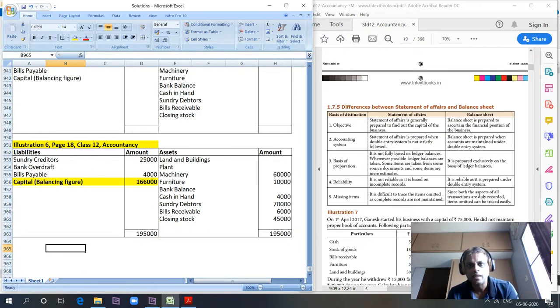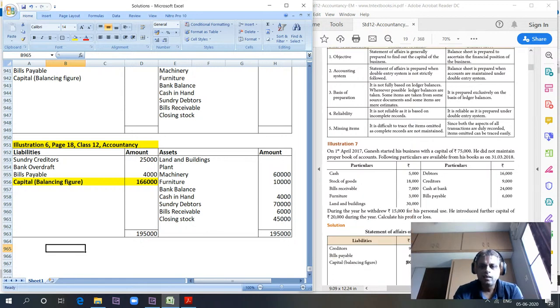But in the case of a statement of affairs, because it is incomplete records, it is very difficult to trace the origin of the transaction. In a clean accounting environment, base documents or the origin of the transaction play a major and pivotal role in ascertaining the financial health of a business. That is not available in the case of a statement of affairs.